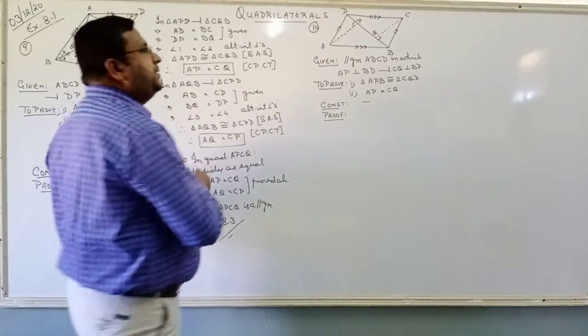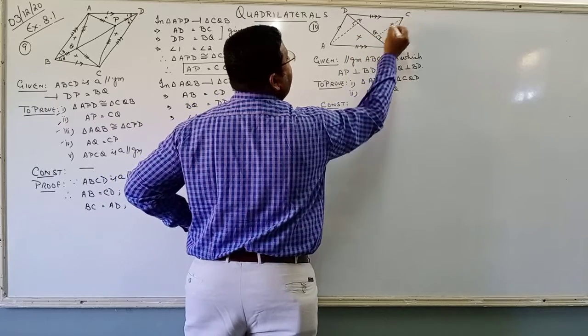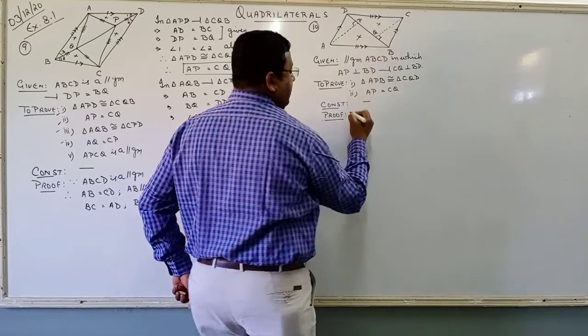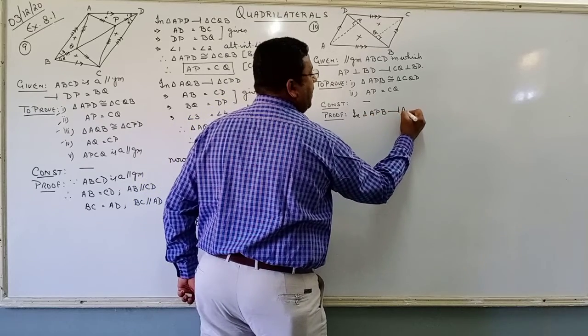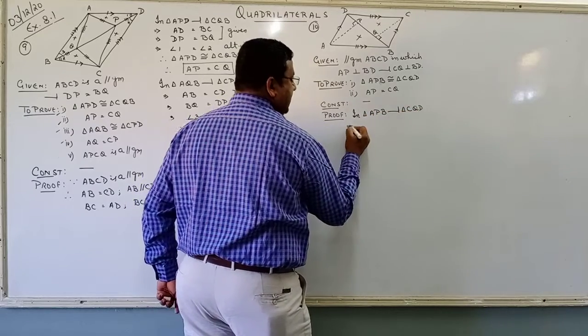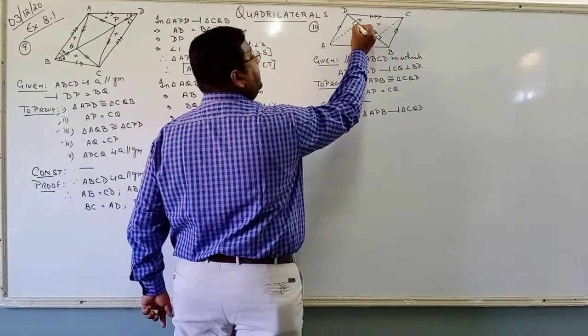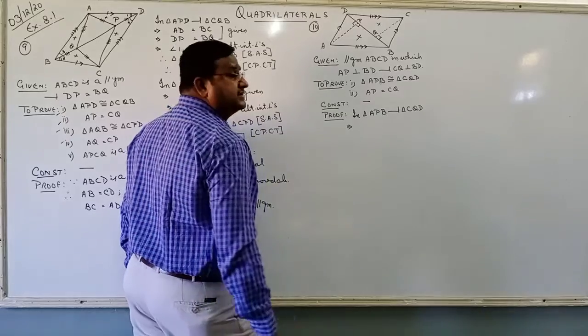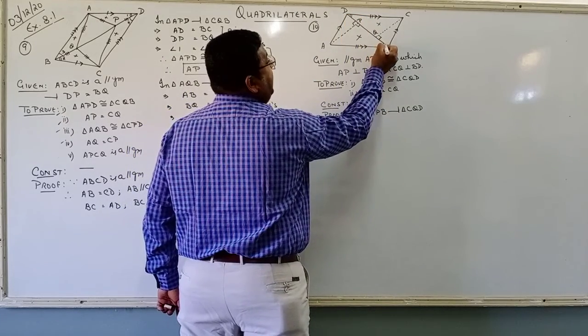Triangle APB, this triangle, and CQD, this triangle. In triangle APB and triangle CQD, just observe. Is this angle 90? Yes. Is this angle equal to this angle?